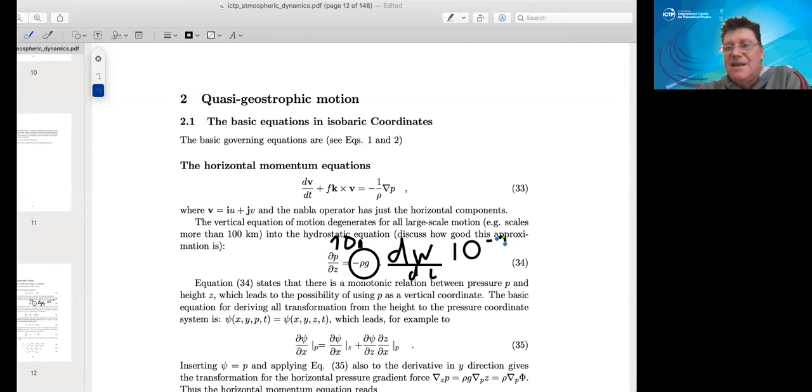So this tells us that we are not talking about some rough approximation here of the vertical momentum equation. But this is a highly valid approximation for the flow scales that we are interested in. This is a highly valid approximation, the hydrostatic equation.